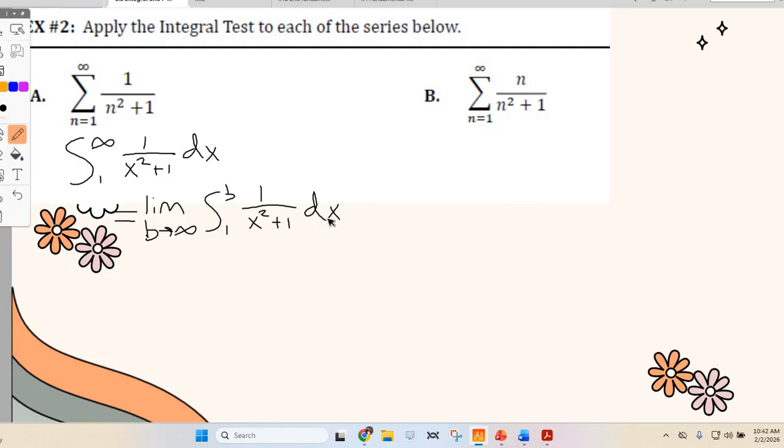We're going to treat it as two separate problems. We're going to do our integral problem over to the side if we need to, and then we're going to do our limit problem. However, this one is just a straight up rule. What is the antiderivative of 1 over x squared plus 1? Yeah, tangent inverse.